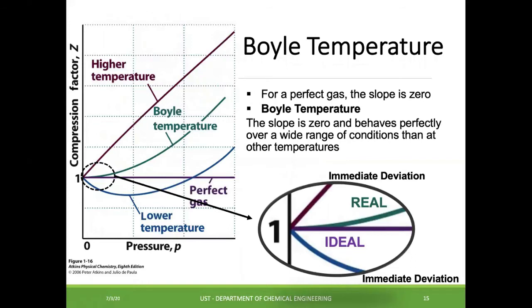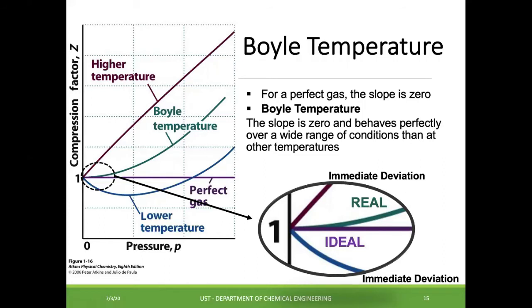Now, let us take a look at the variation of Z with P of a certain gas at varying temperature. Let's say we plot Z versus P. What is happening here is, if we have a perfect gas, this is a straight line: Z is equal to 1 all throughout.